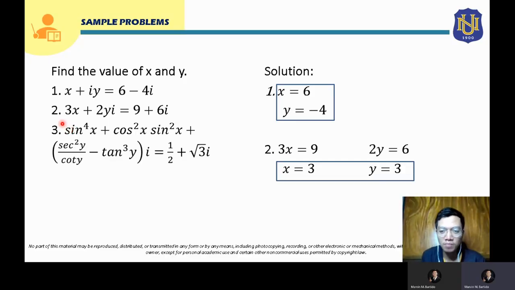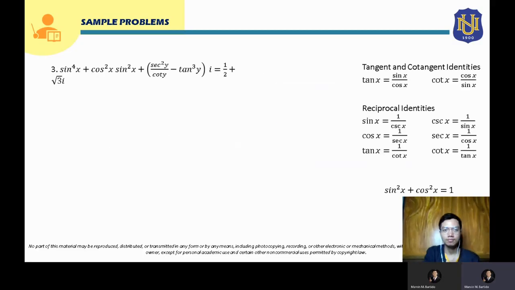Now, for number 3, this will be a little bit complicated compared to your number 1 and number 2. So let's solve number 3. For your number 3, this is the given: sine to the fourth power x plus cosine squared x sine squared x plus quantity secant squared y over cotangent y minus tangent cube y, times i, is equal to 1/2 plus square root of 3 i.